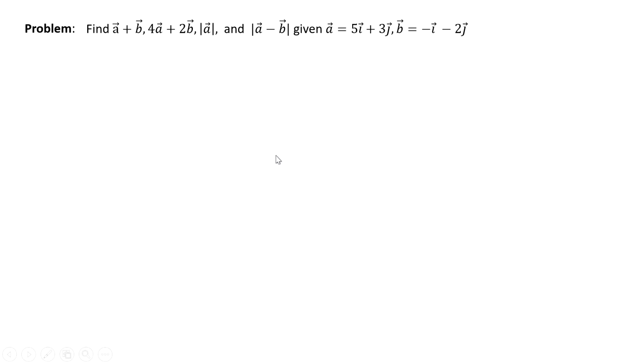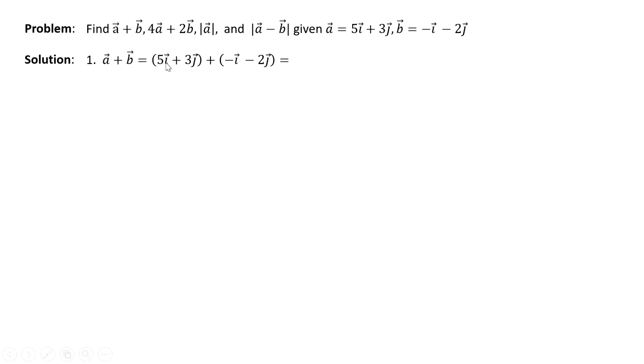Finally, let's solve some problems. This may be a bit of an insult to your intelligence. They are all fairly straightforward in my opinion. Can you figure out a plus b if a is 5i plus 3j and b is negative i minus 2j? Piece of cake, right?